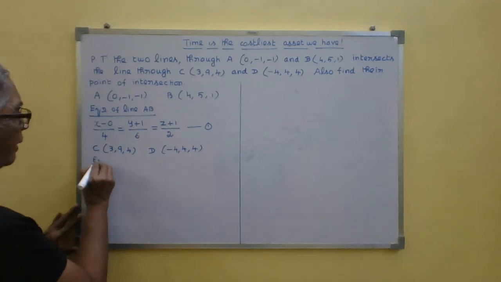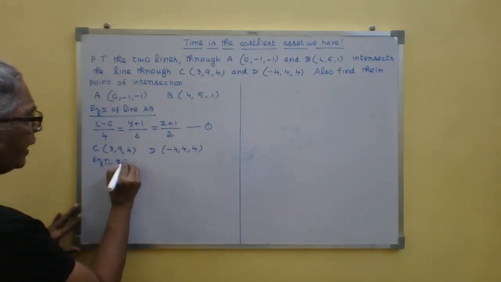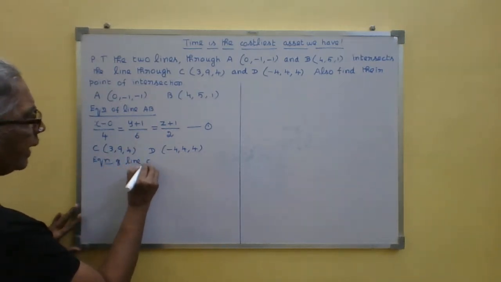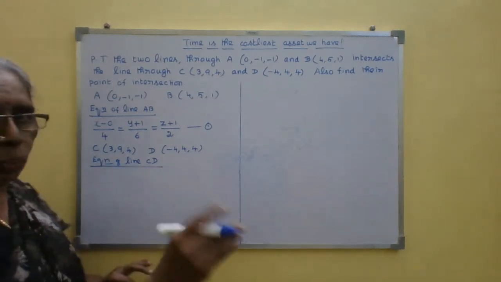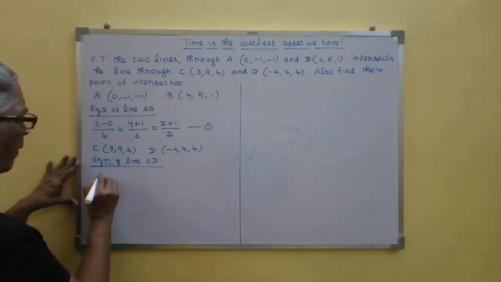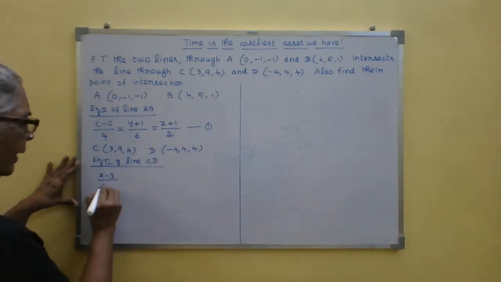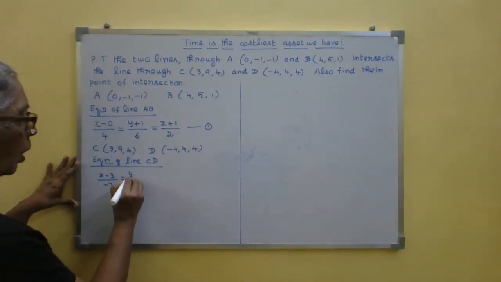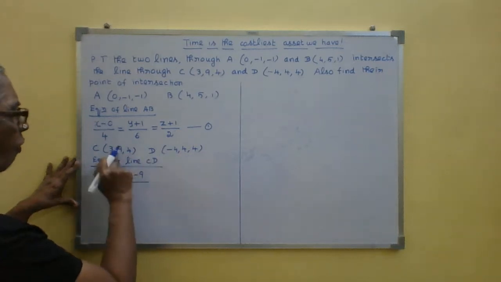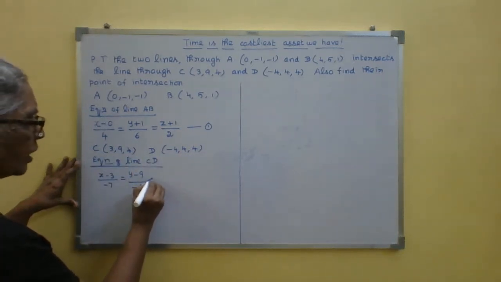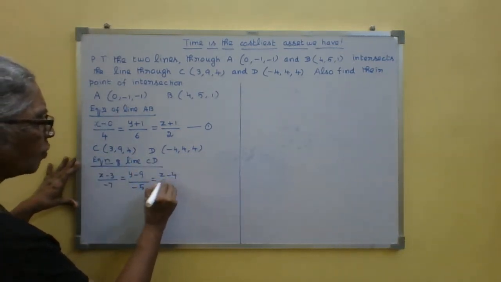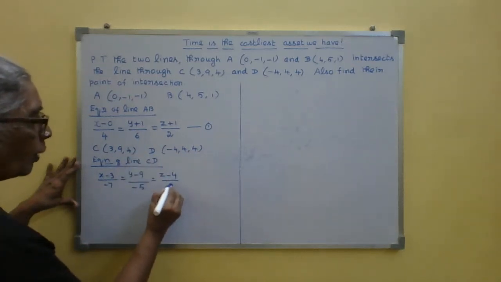Let me write the equation of CD also in the same way using the two-point formula. So now I will get (x - 3)/(-4 - 3), which is -7. (y - 9)/(4 - 9), which is -5. (z - 4)/(4 - 4) is 0.